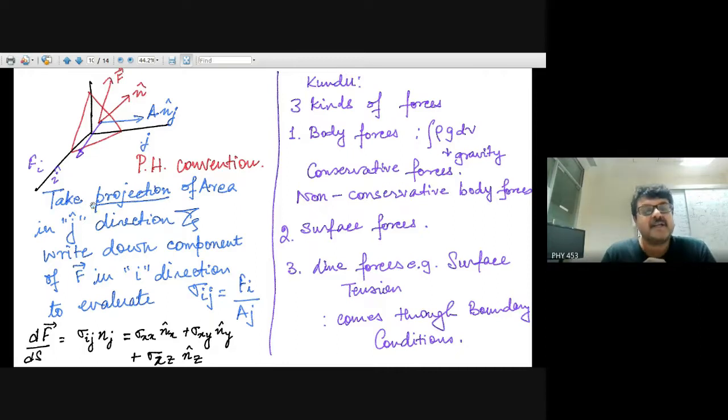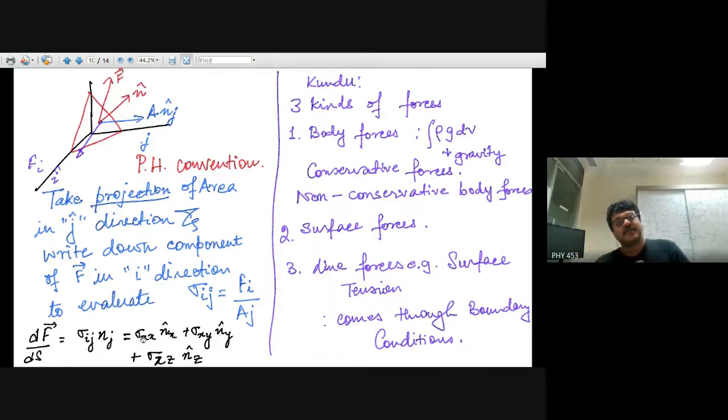Then one can write the stress acting on this surface as df ds, and that in turn can be written as the x component of the force: sigma xx into nx, sigma xy into ny, where you have broken down this n component into x, y, and z, right? And this is the force acting.